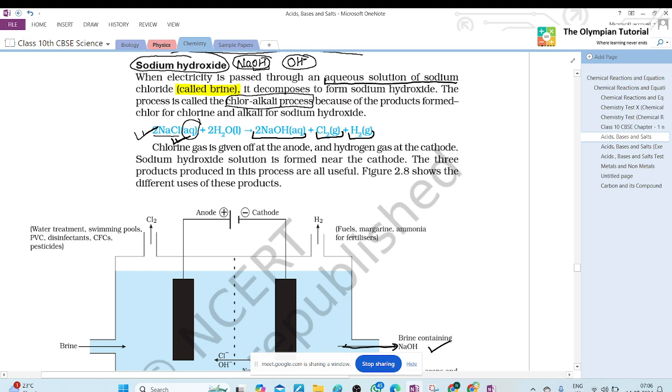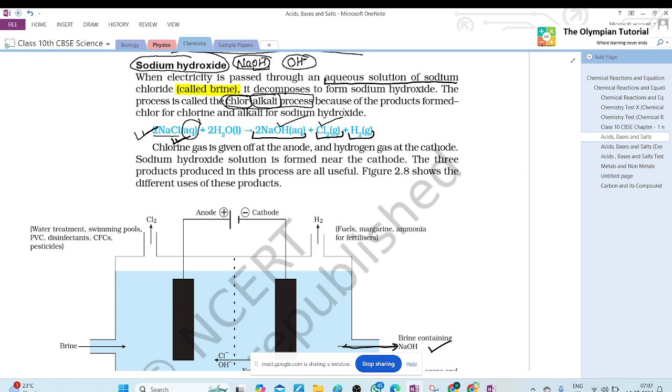Why chloralkali? Chlor stands for chlorine, and alkali for NaOH. The products formed are chlorine and alkali.